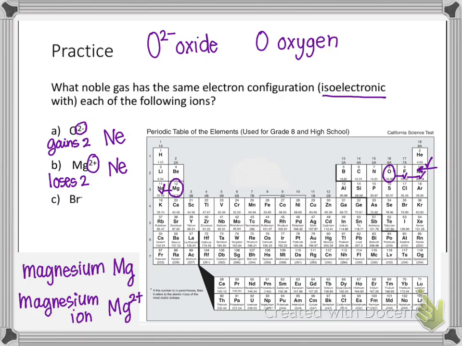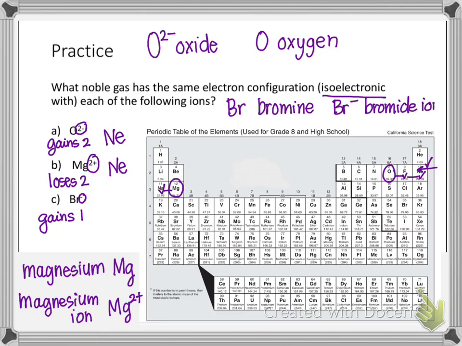And now finally we have Br, and it's really hard to see here, but there's a -1. And so it gains 1 electron. Now, Br would be bromine. Br negative is bromide ion.